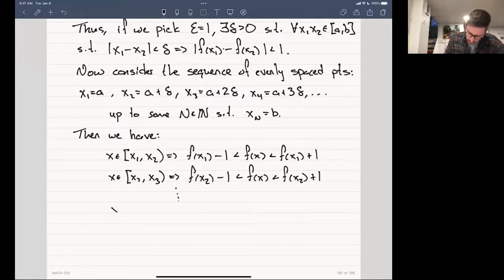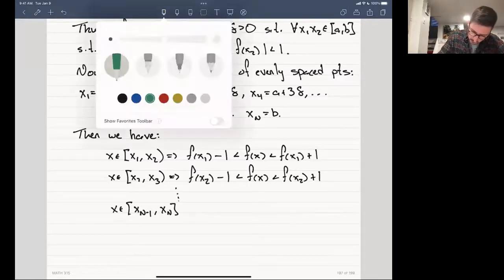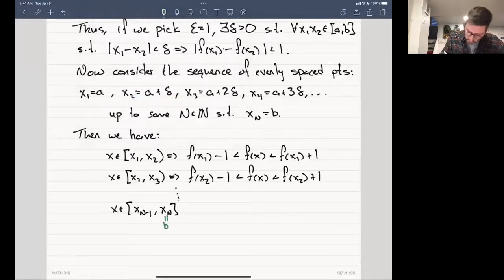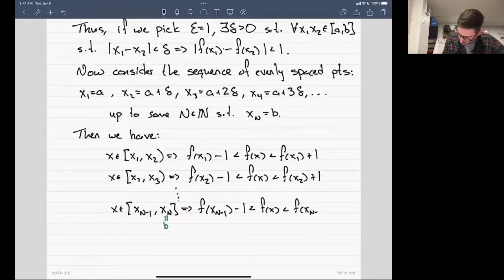And then you go all the way down to x sub N minus 1 to x sub N. And I want to remind you, I just put this in green, this thing is the right endpoint B. So you stretch the whole domain now. Well, you get f of x sub N minus 1 minus 1, which is less than f of x, which is less than f of x sub N minus 1 plus 1.